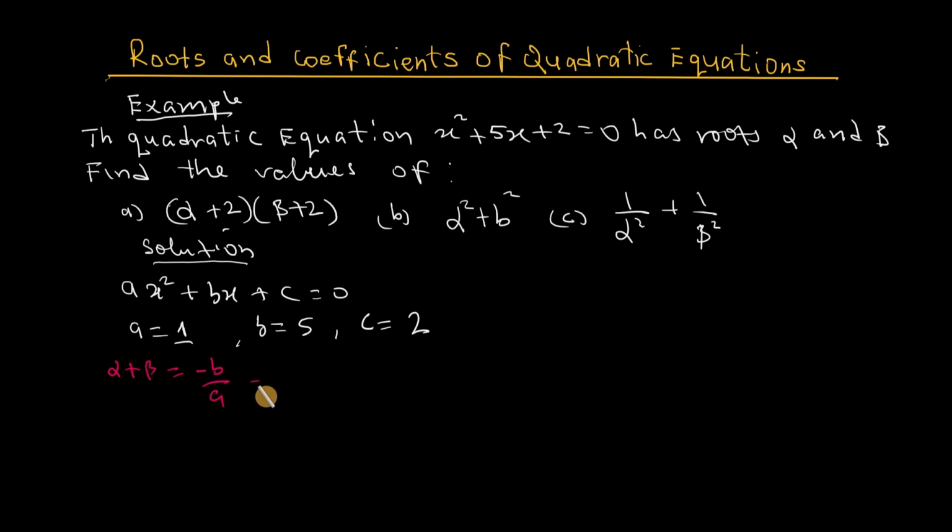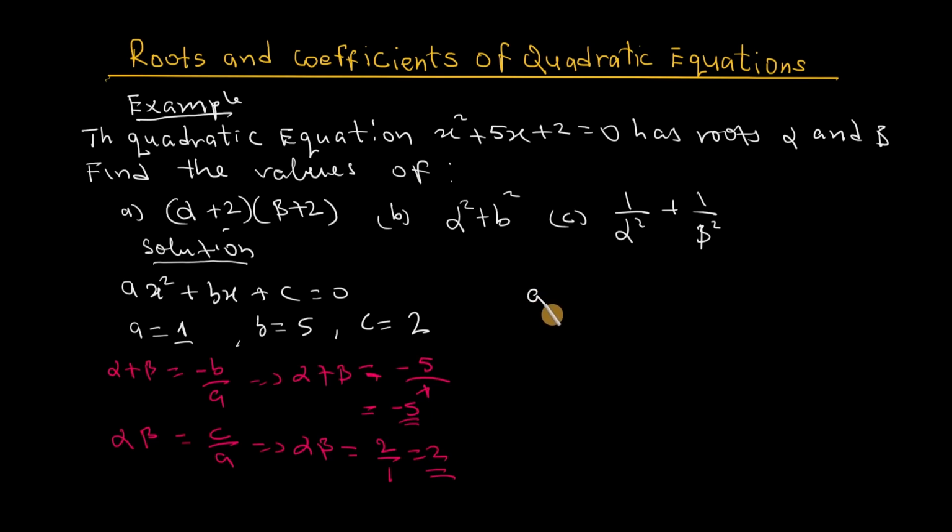So that means alpha plus beta is equal to negative 5 over 1. That means alpha plus beta is equal to negative 5. Now the formula for alpha times beta is equal to c over a. That means alpha beta is equal to 2 over 1, which is equal to 2.